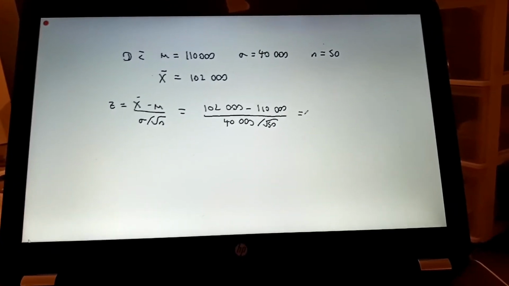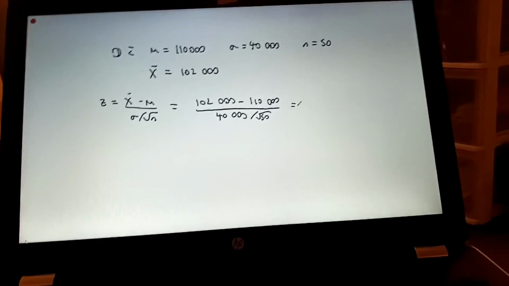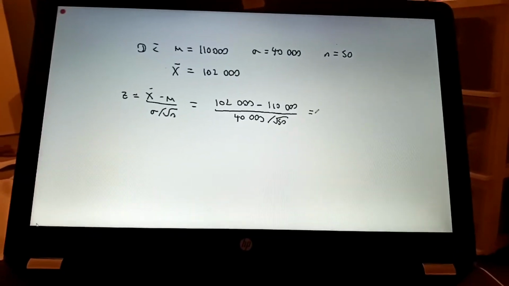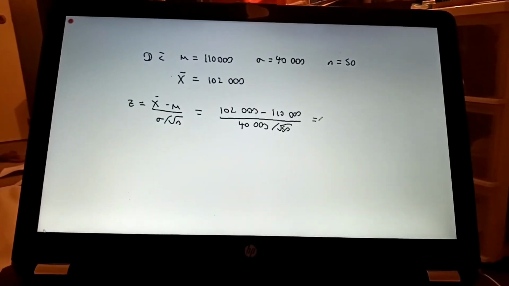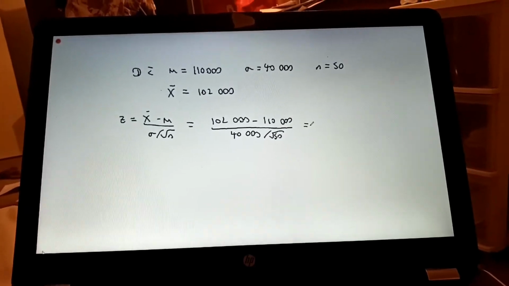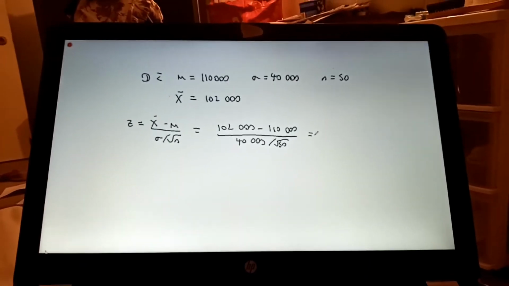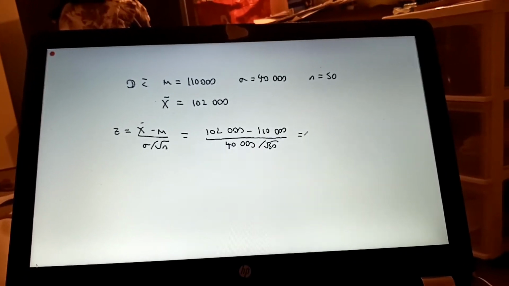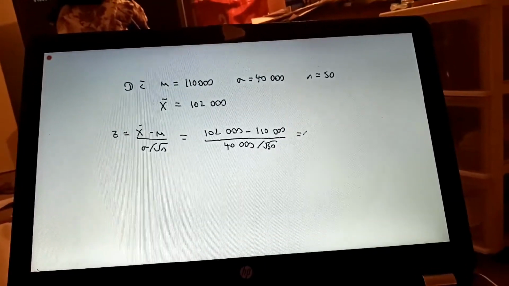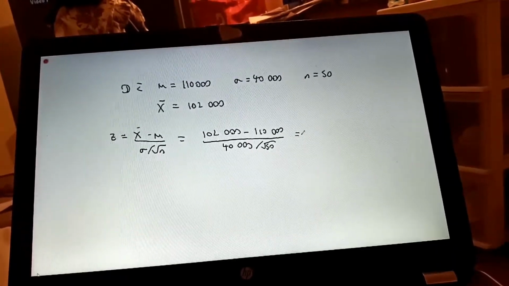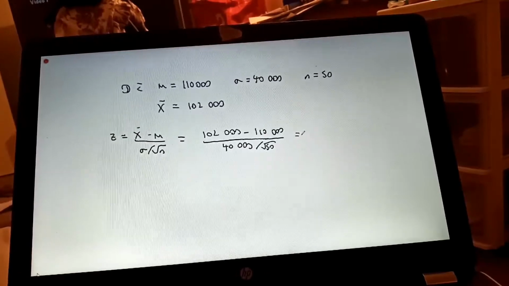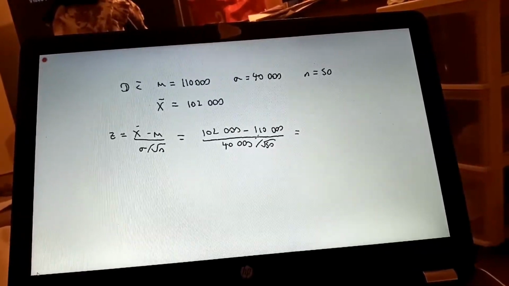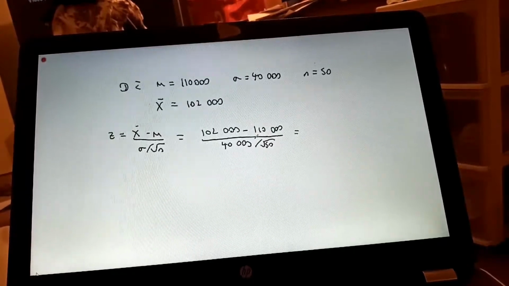Because if you do 102,000 minus 110,000 divided by the bottom, it'll give you the wrong answer, because it'll think that only 110,000 should be divided by the bottom, when in reality it's the entire top divided by the bottom. So take a second to get the actual number on the top.